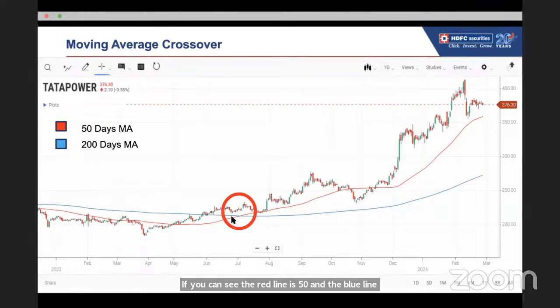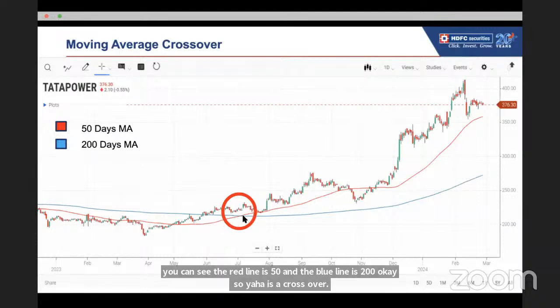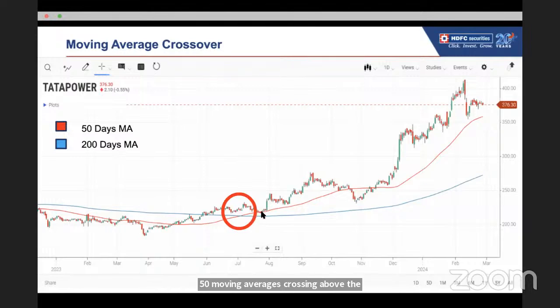Okay, so here the crossover is happening. The 50 moving average is crossing above the 200 moving average. Okay, so it means that earlier this was quite a flat chart, and here we have got a crossover, which means that it can be the start of an upwards trend now.